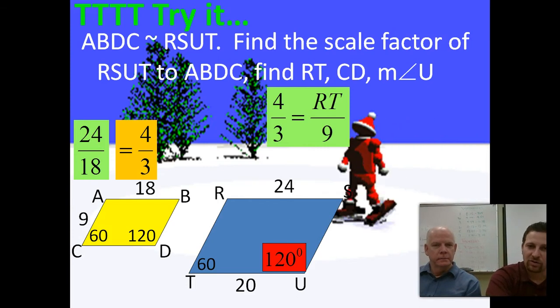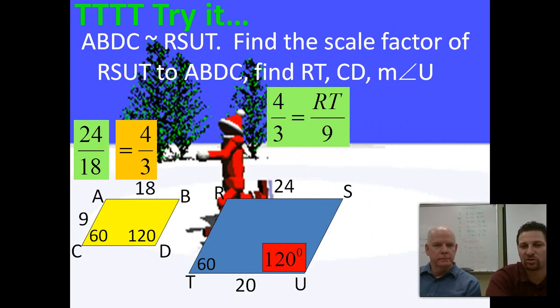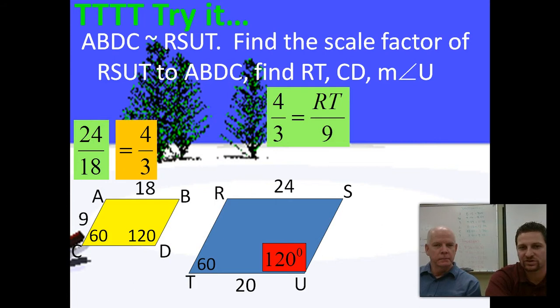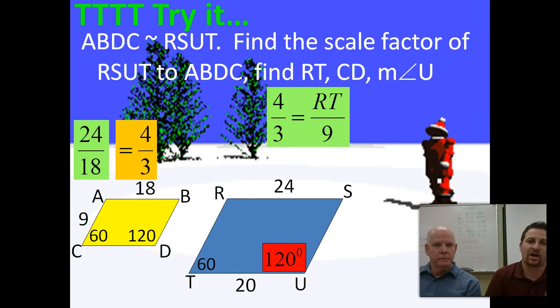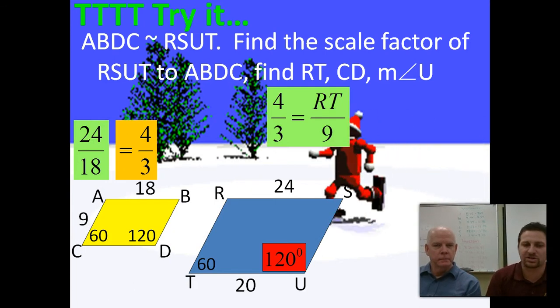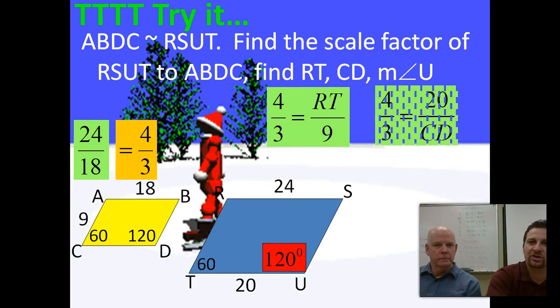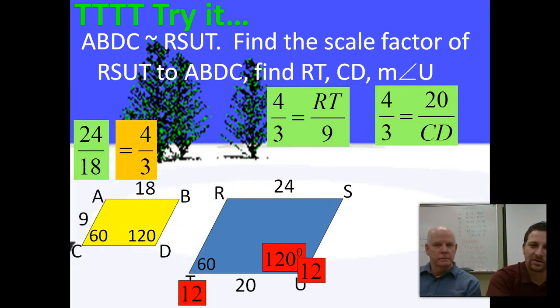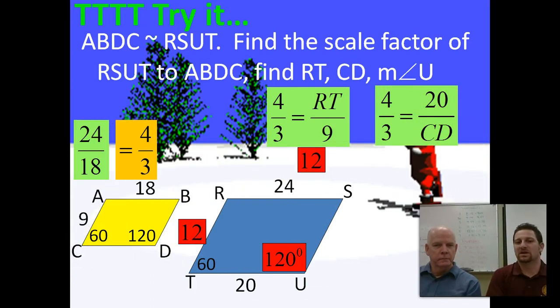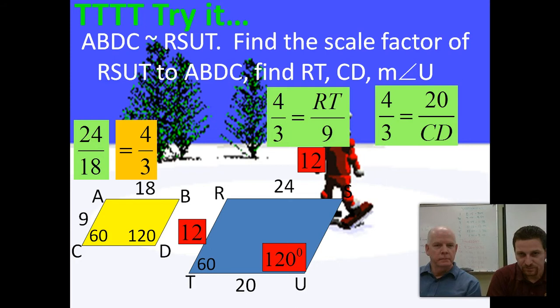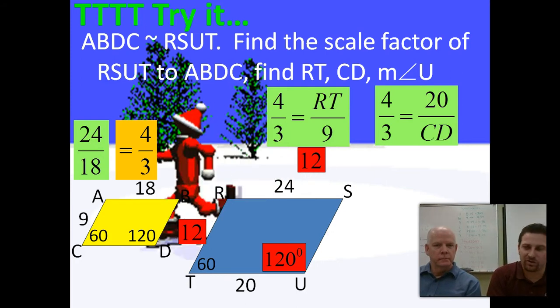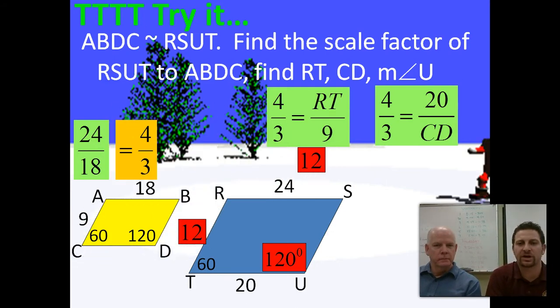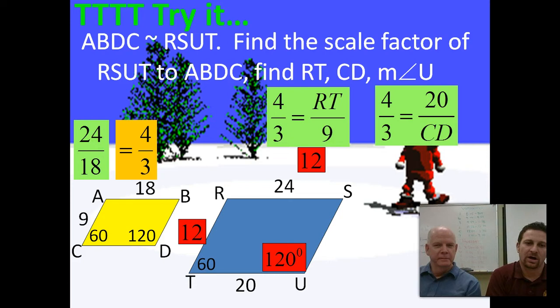Cross multiply: 9 times 4 is 36, and 3 times RT, we call that 3x. Do a little bit of math, move things around, and you get that RT is 12. Now the other piece of information is for CD.